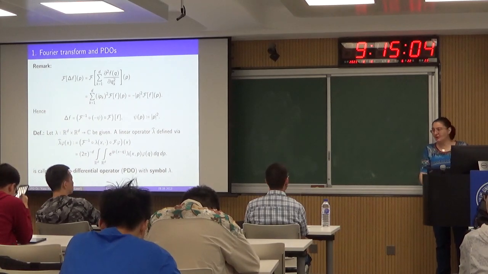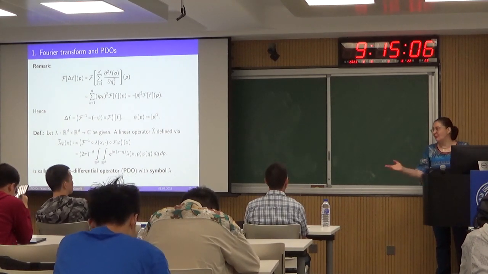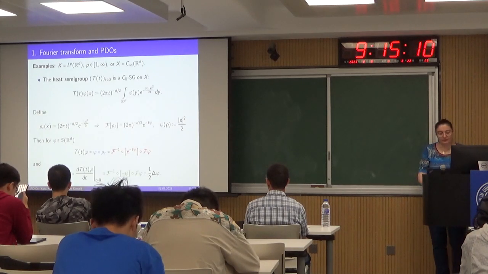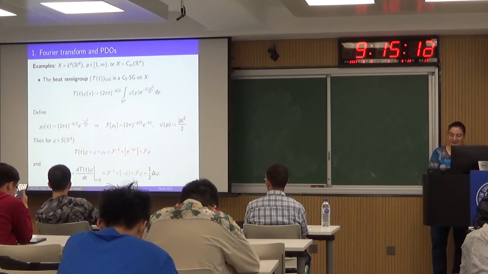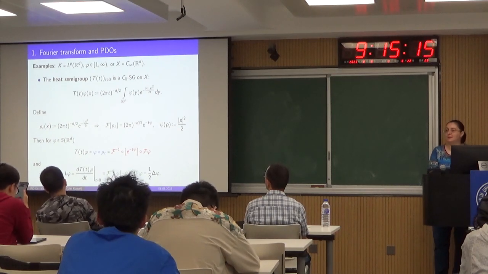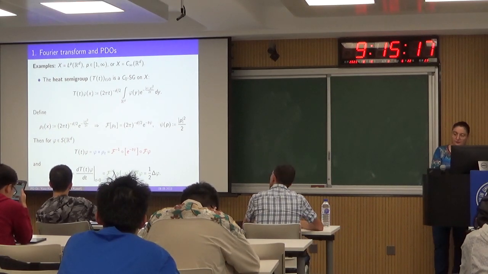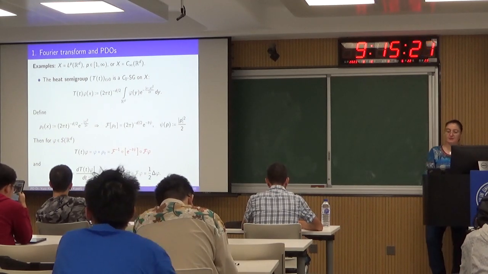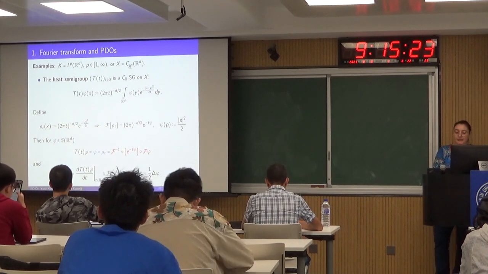Also in the last lecture, it will pop up in the model of anomalous diffusion. So now we will revise the examples we have seen yesterday. We always work in these two types of Banach spaces, L^p or C infinity.